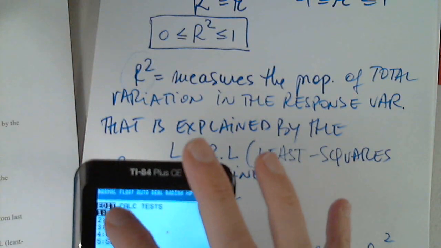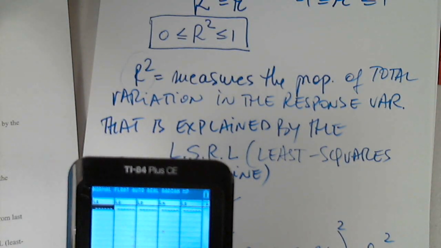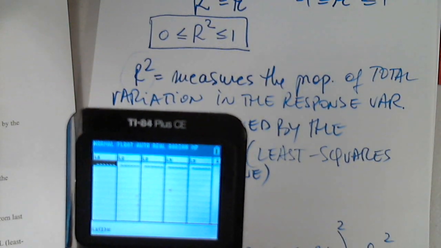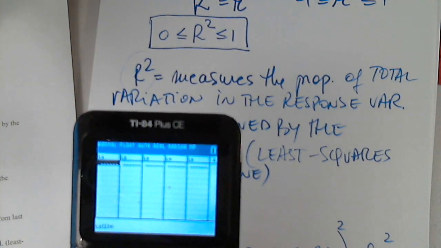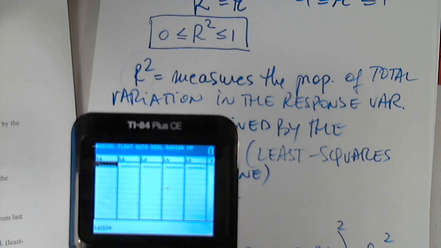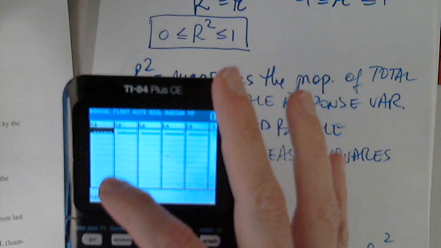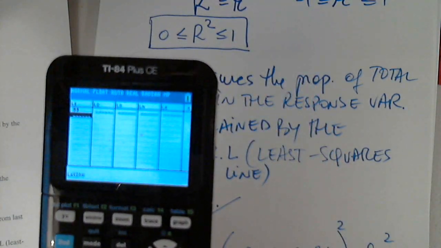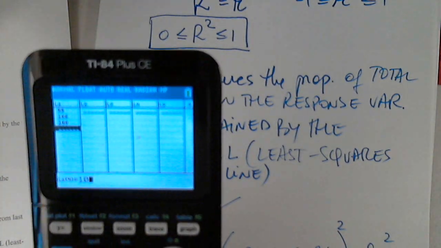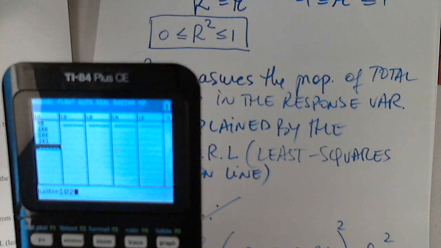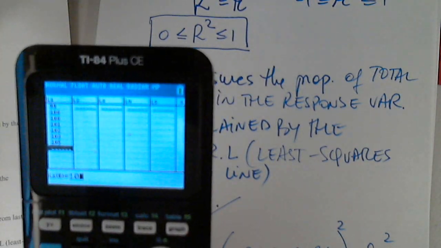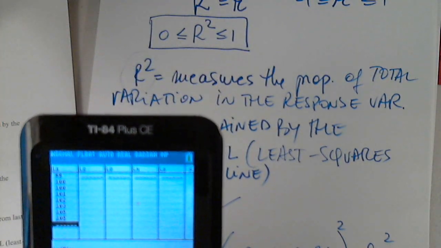Stat and edit, press enter. As you see, I parted with all my data, almost. We had the following entries in the previous data set, and I already put them sorted: 99, 100 twice, 101, 102, 103, and 105 twice. Make sure you have 8 entries.